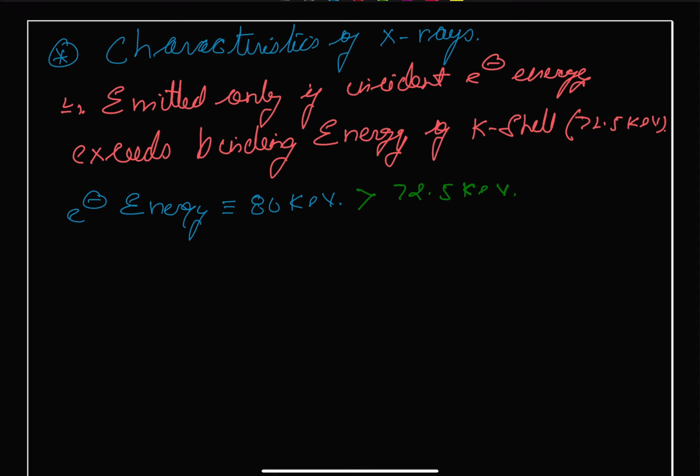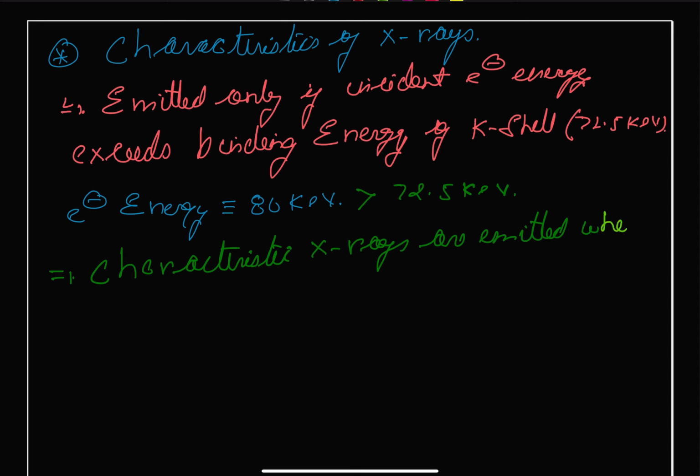Which means that characteristic X-rays are emitted when electrons drop into the K shell.